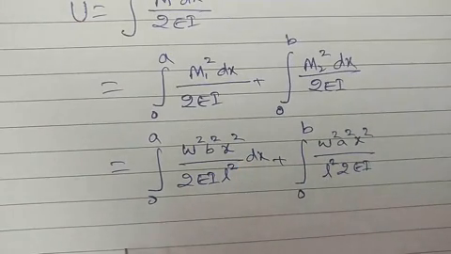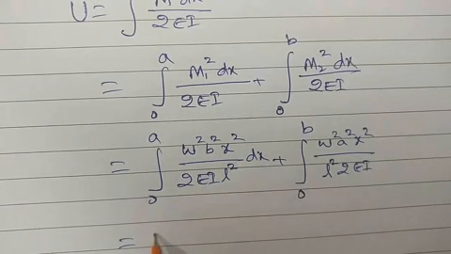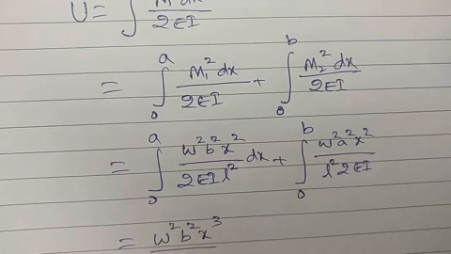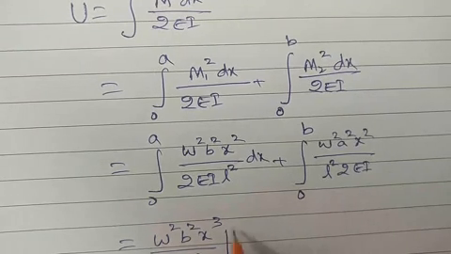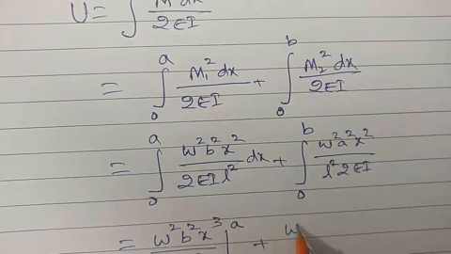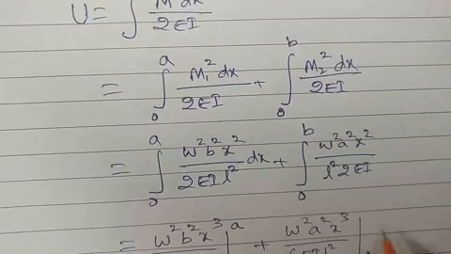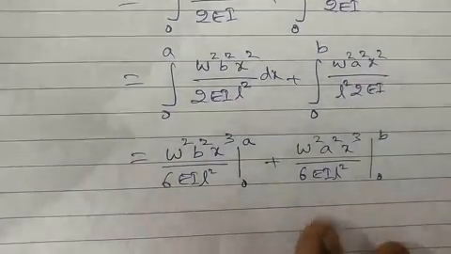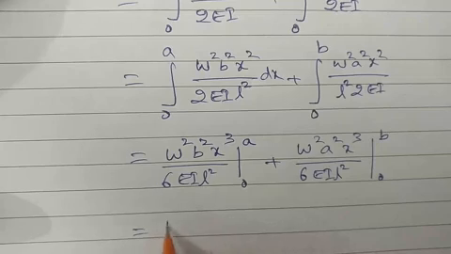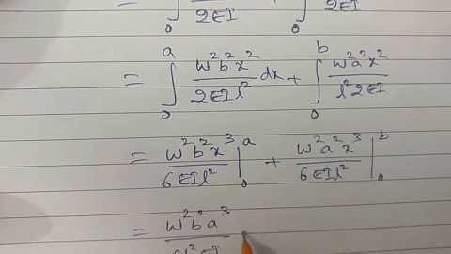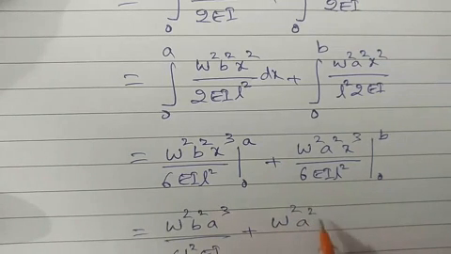So when you do integration, W square B square x cube by 6EI L square, 0 to A, plus W square A square x cube by 6EI L square, 0 to B. So in place of x you have to substitute A. W square B square A cube by 6L square EI plus W square A square B cube by 6L square EI.